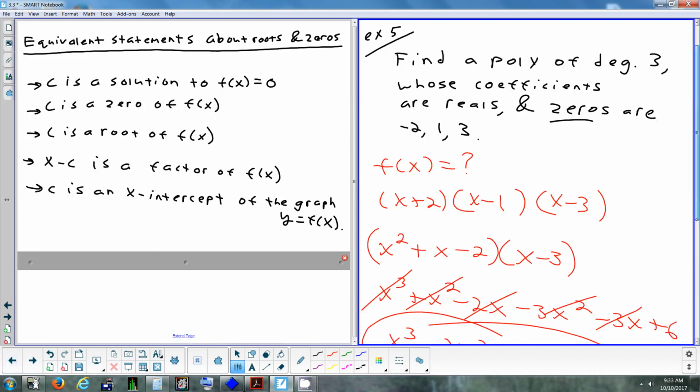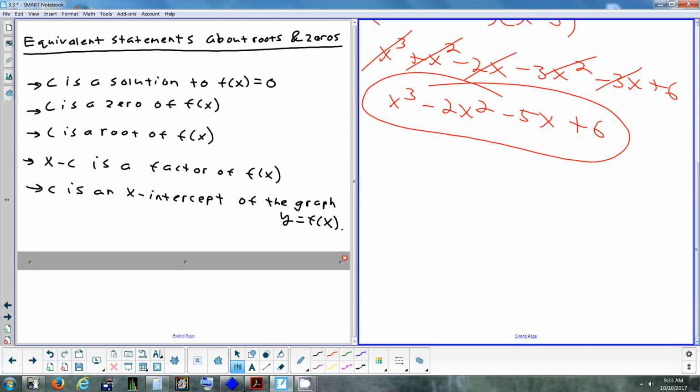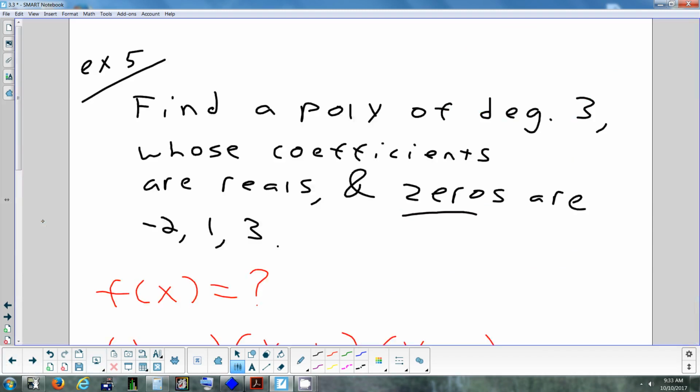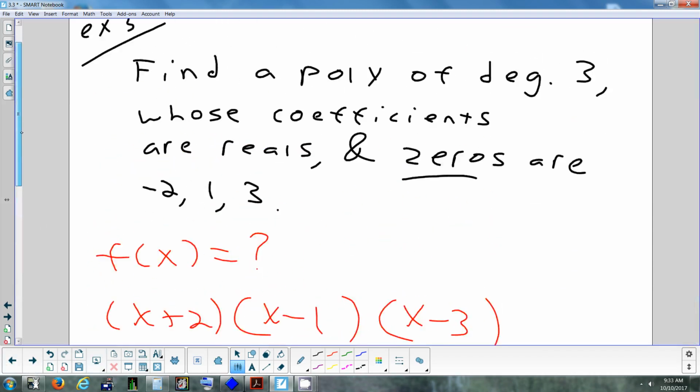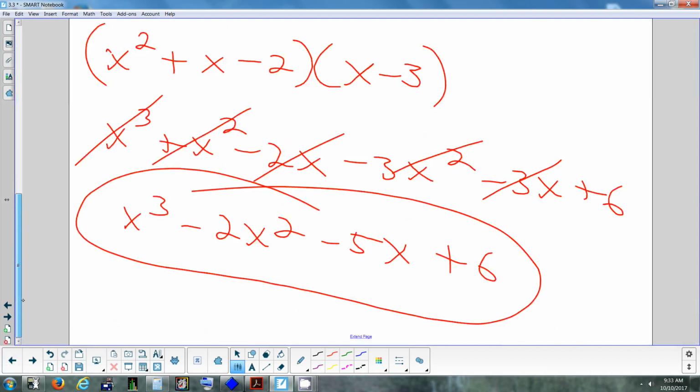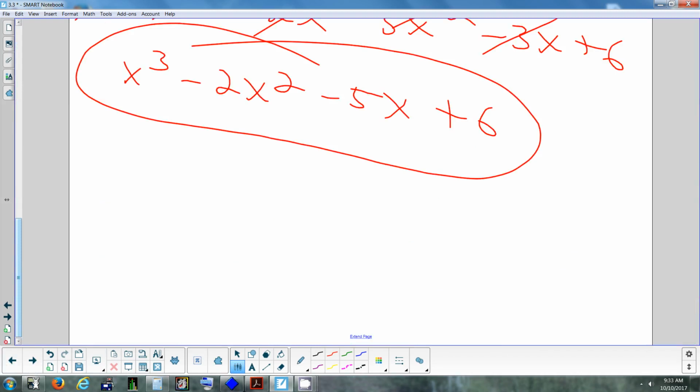Something similar to this one. What if I asked you to find a quadratic, so a degree 2, and I only want it to cross the x-axis at 4? How would you find a degree 2 that only crosses the x-axis in one spot, like 4? Well, if it's a degree 2, how many factors is it going to have?